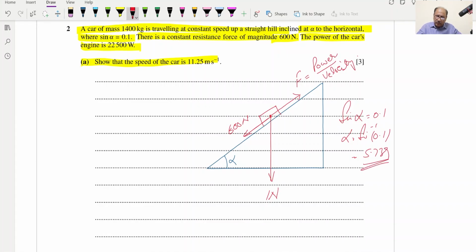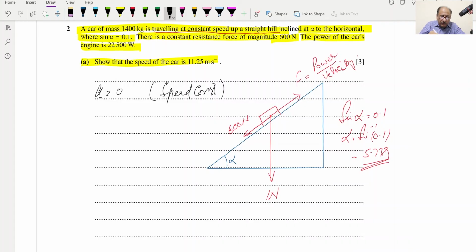It's basically not required, but I have just written it over here in case we require that. Then acceleration is 0 because it is traveling at a constant speed up a straight hill. So we can write a is equal to 0, speed constant.